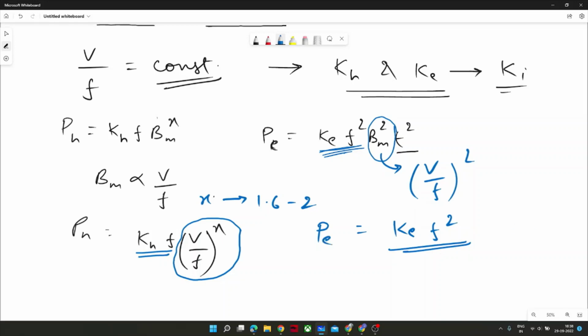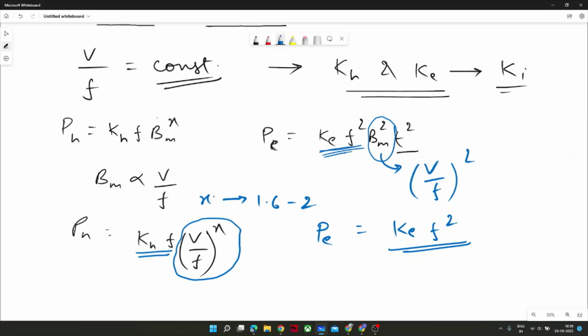But I remember that PH varies with frequency, KH times F, and PE varies with F square, that is KE F square. So if you go for high speed or high frequency, why does frequency matter in a transformer? Because if you go for high frequency, your transformer will become smaller and smaller. The same thing happens with a motor or generator set.